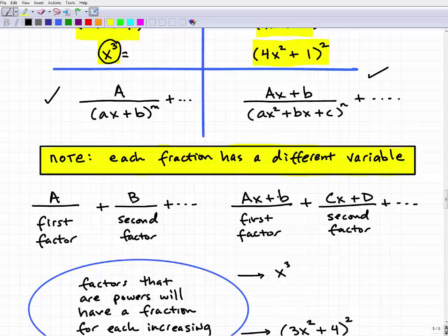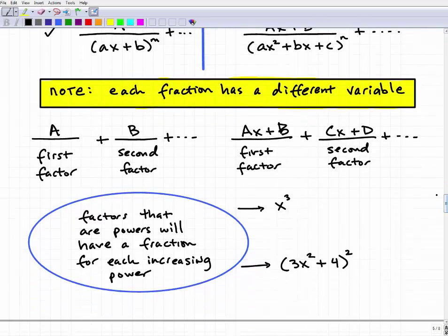For the quadratic, we're going to write Ax plus B. This can be a small b or a big B, either way, over the first quadratic factor, plus Cx plus D over the second quadratic factor, and so forth.